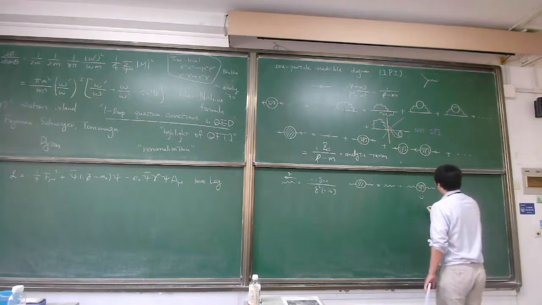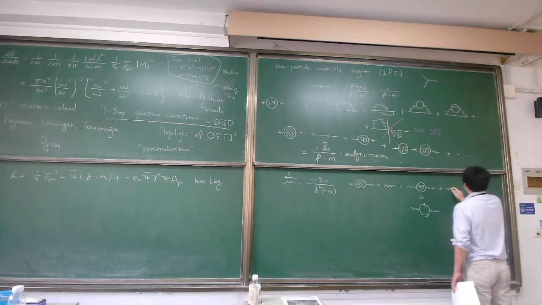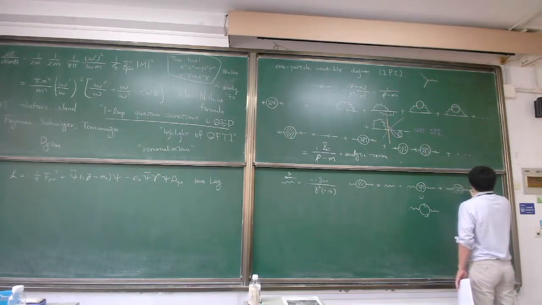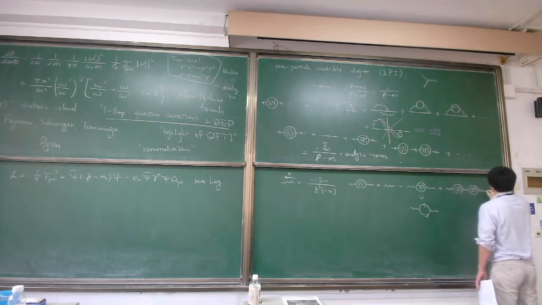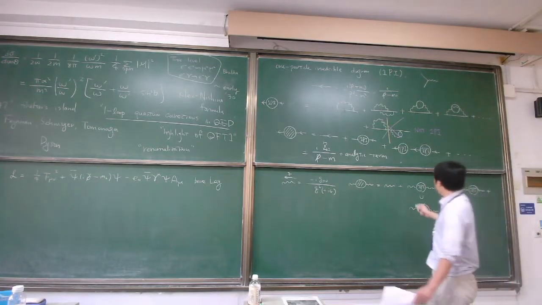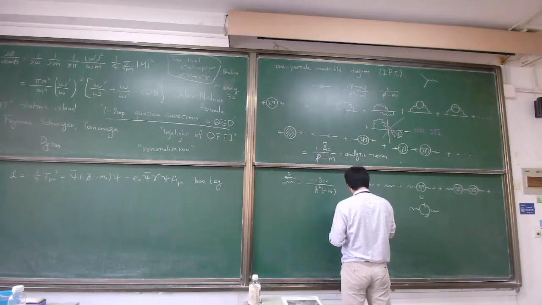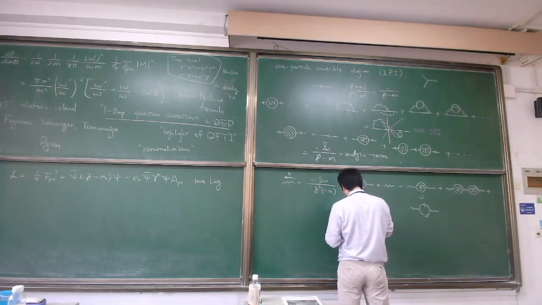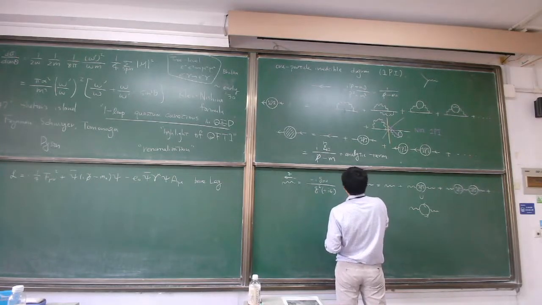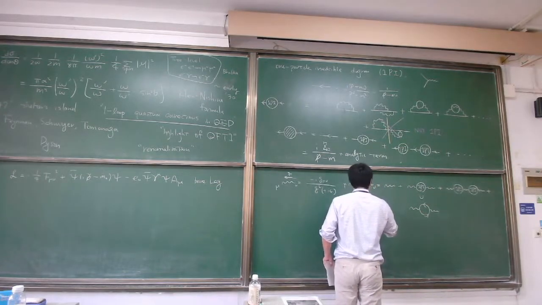For instance, this includes this kind of diagram, and 1PI and 1PI. This is the heart of quantum field theory. If you include all this quantum correction, it will become something like this. Again, if it's massless, it is okay, but the form will get some g mu nu plus an analytic term.